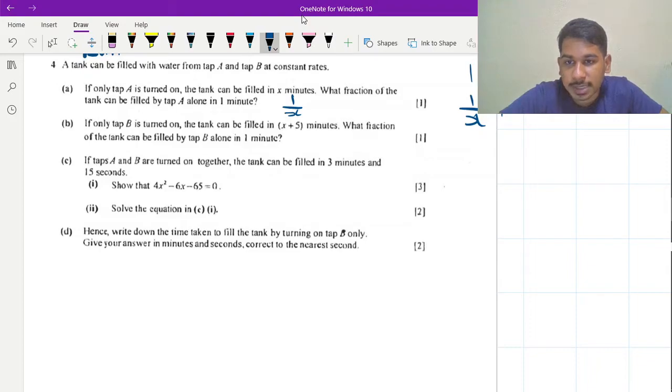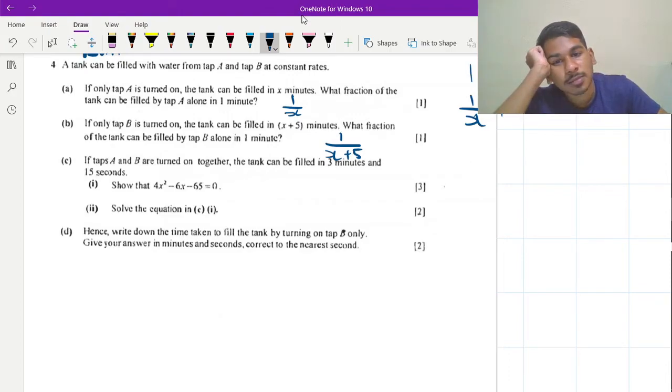If only tap B is turned on, the tank is filled in X plus 5 minutes. So it's the same thing, 1 over X plus 5. If taps A and B are turned on together, the tank can be filled in 3 minutes 15 seconds. Form an equation.